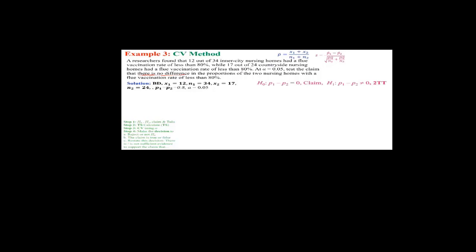For P bar, we need X sub 1 plus X sub 2 over N sub 1 plus N sub 2. So we have to calculate those first. And I'm assuming everybody can do that. Again, it's tedious. It takes a little bit of time. You must do that. But that would be really the main difference between this and previous sections.